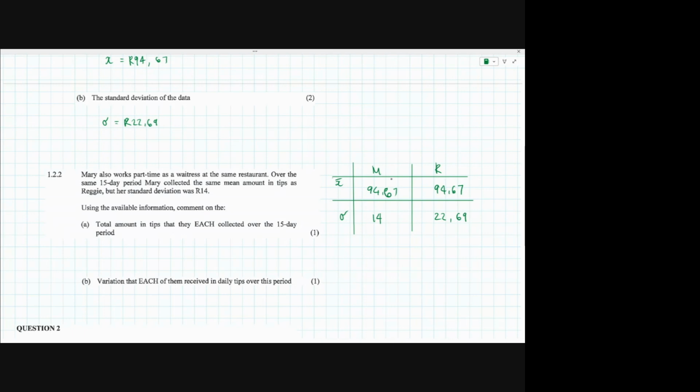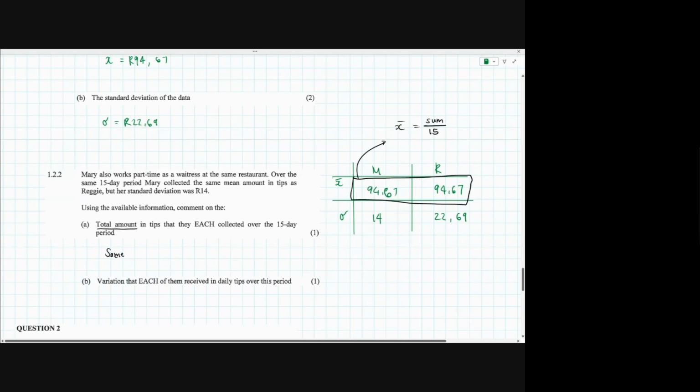Their mean amounts are the same, which means that if we think about what the mean is, the sum of all your values divided by the same 15 days, those sums would have to be equal for Mary and Reggie to get the same average. If we are dividing by the same 15 days, it means that the sum has to be the same. So when we talk about the total amount of tips that they each collected, it was the same.